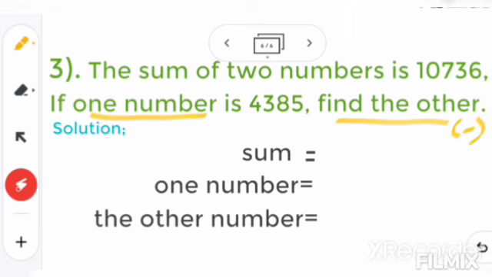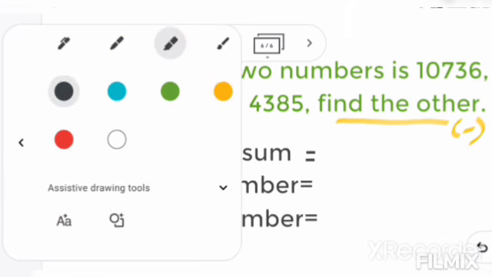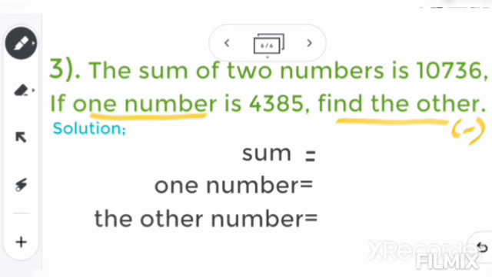Okay, here I have already written the statement. First sum, from the bigger number only you have to minus. So here the sum is the bigger number. So we will write the sum here. You see that you are arranging the statement properly. 10,736. Again the one number is what? 4,000, and this is a 4-digit number.